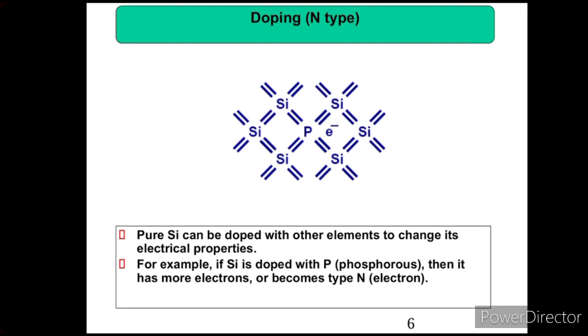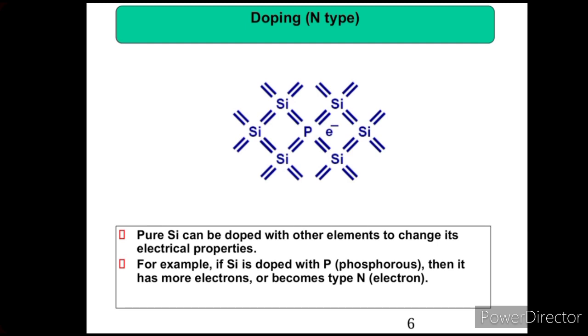Silicon has 4 valence electrons in the outermost shell. The phosphorus atom has 5 electrons in the outermost shell. When we dope the phosphorus atom into the silicon material, 4 valence electrons form covalent bonds with the neighbor atoms.